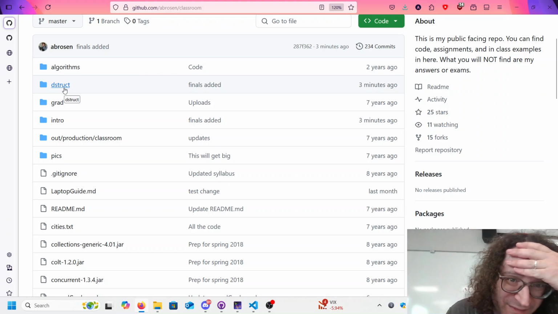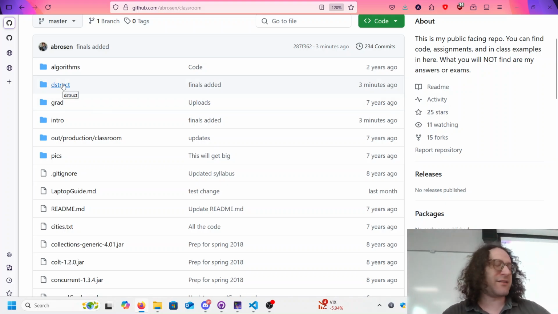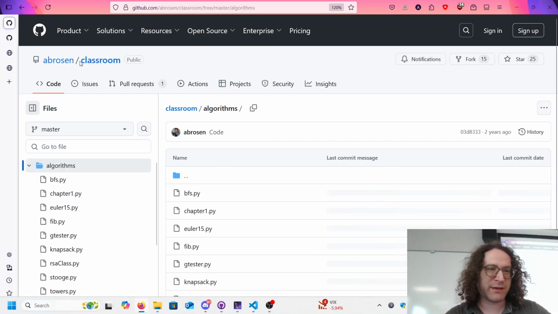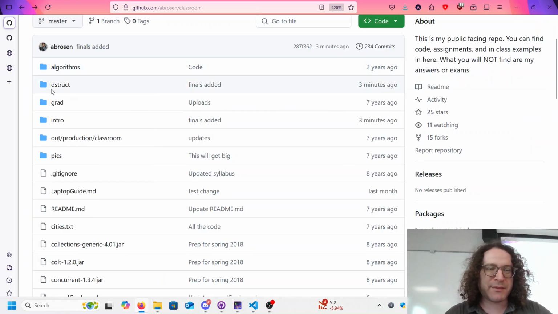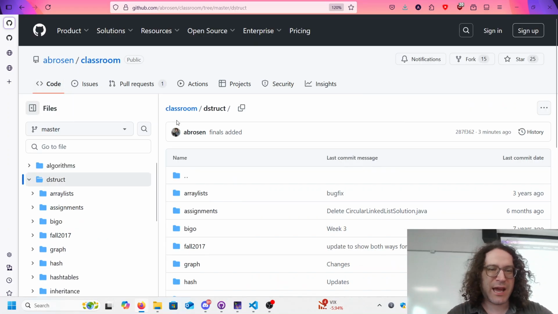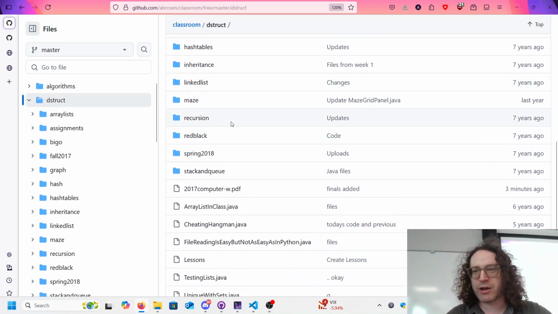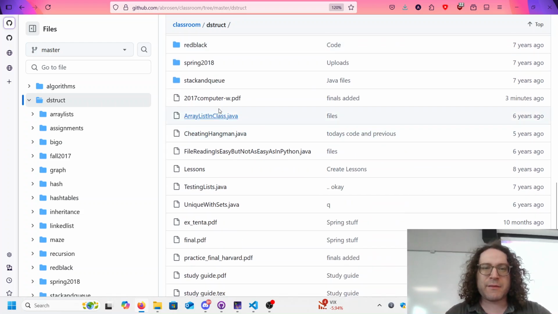Anyway, destruct is my data structures folder. I have some stuff for my algorithms course, 3223, that I've put in here as I was going through. But the data structures folder has the code from my video lectures where I live code, not from the textbook.